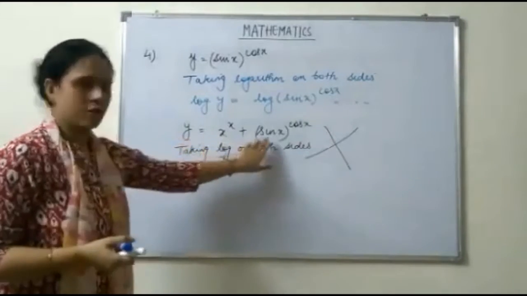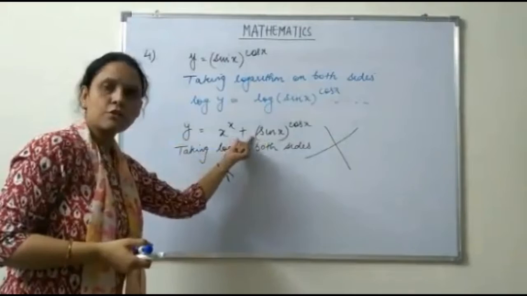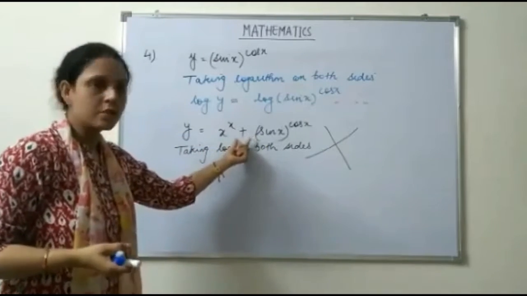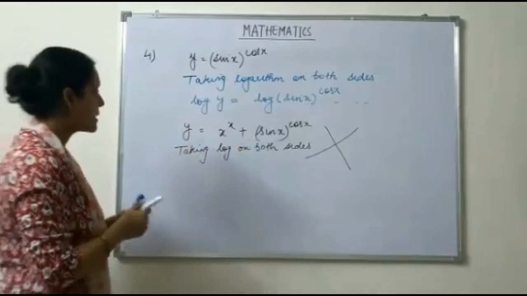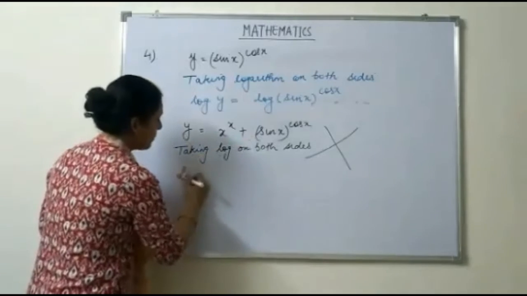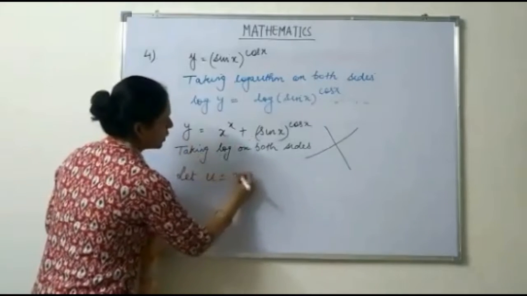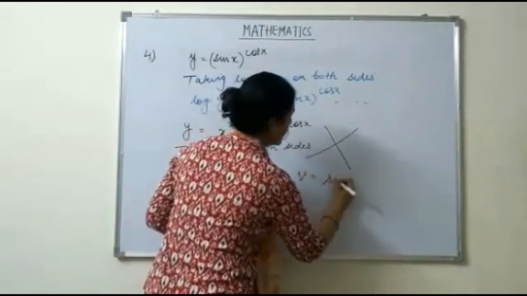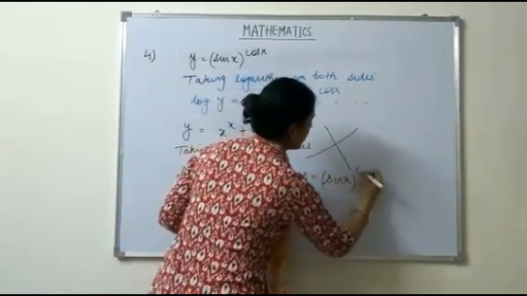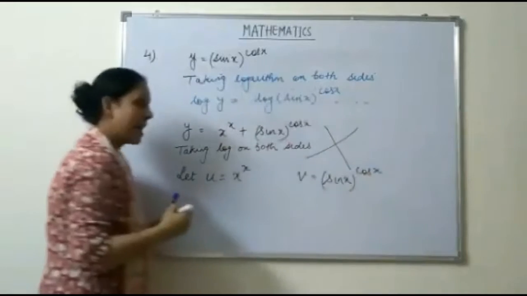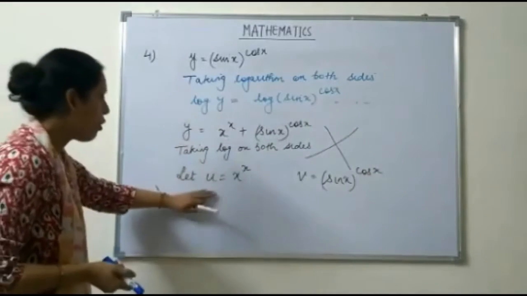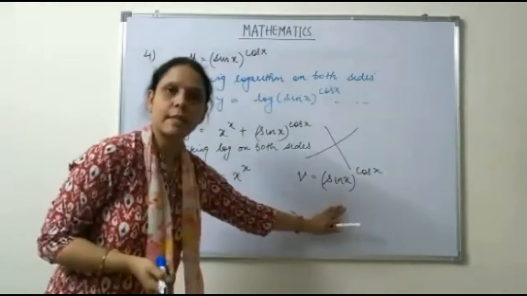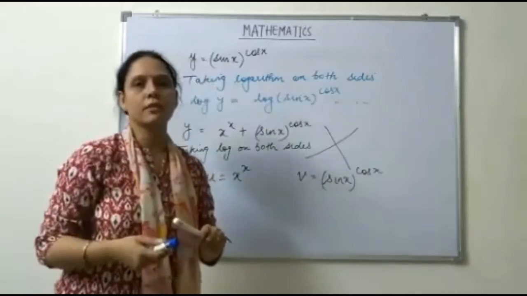If there are two functions joined together by an addition or a subtraction sign, then you have to take them separately. Let u is equal to x to the power x and v is equal to sin x to the power cos x, and then you have to take log of both the functions separately and then proceed with the working.